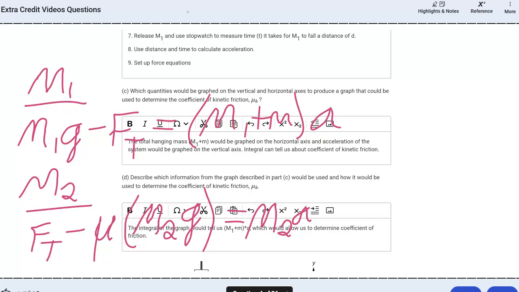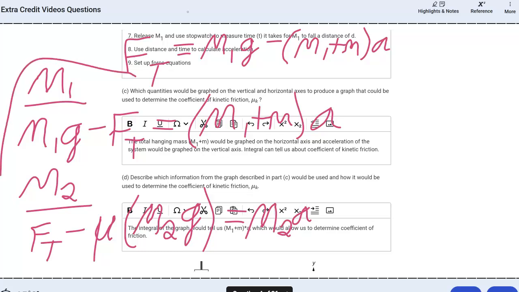So the force of tension equals M1G minus M1 times A. And then we're going to plug this in down here to try to figure out what mu is.